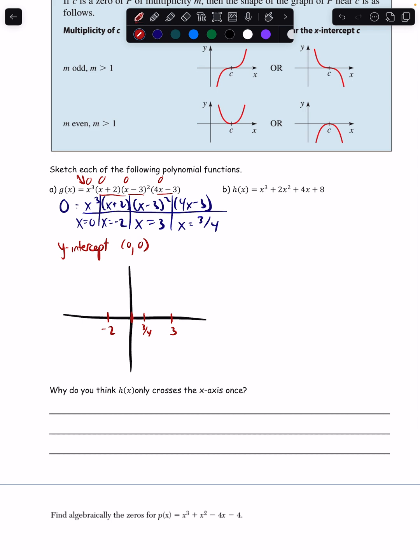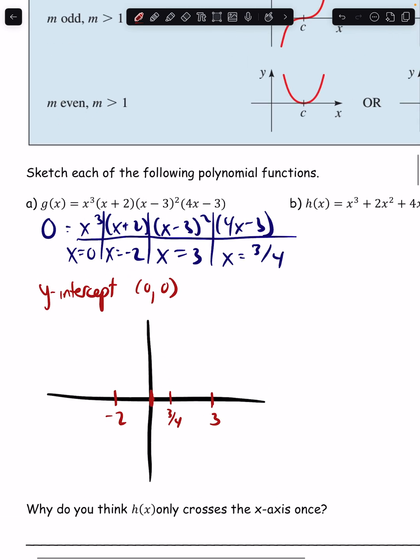Now we have to look at how the graph is going to be behaving. And in order to see that, I always look at the degree of the polynomial first. So the degree of the polynomial, you can think about how many zeros there are, or look at the exponents. So we have an x to the 3rd, we have an x plus 2 to the 1st, then squared, and then a 4x minus 3 to the 1st.